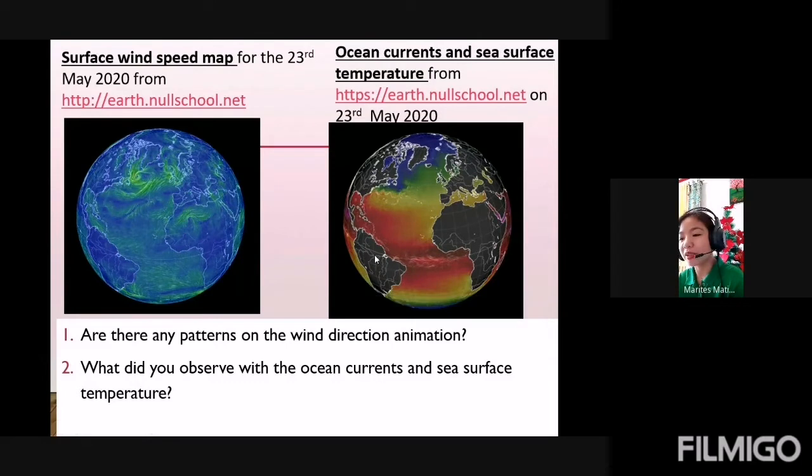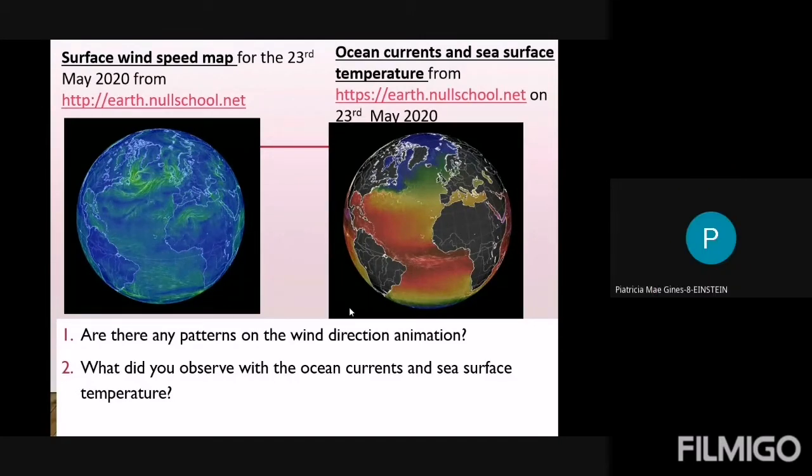And papunta sa blue, mas malamig siya. Okay, so tingnan natin. Ulitin natin.